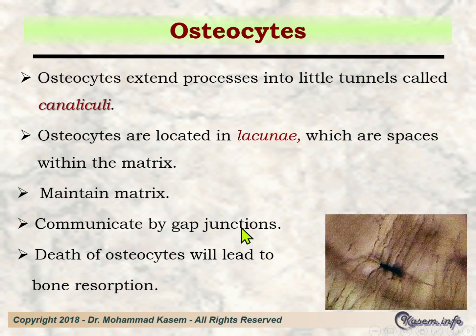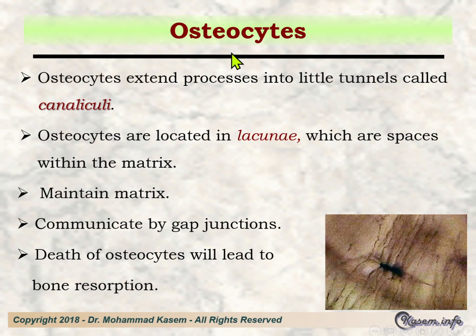They also communicate by gap junctions, which make a society of bones communicate with each other, forming a syncytium, a society transporting signals, nourishment, minerals, and water from one cell to the other.